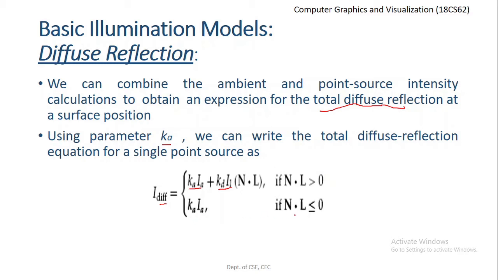Else, if n dot L is less than or equal to 0, then the intensity of the diffuse light will be equal to only the product of the ambient reflection coefficient into the intensity of the ambient light.